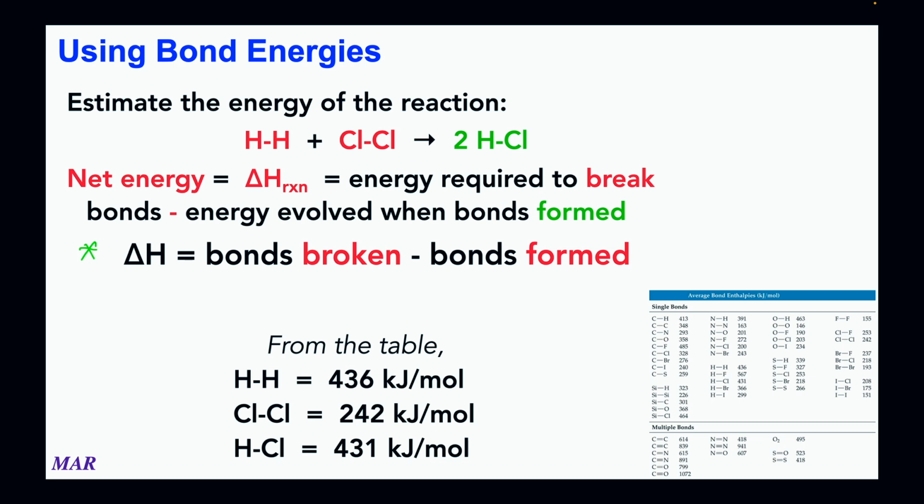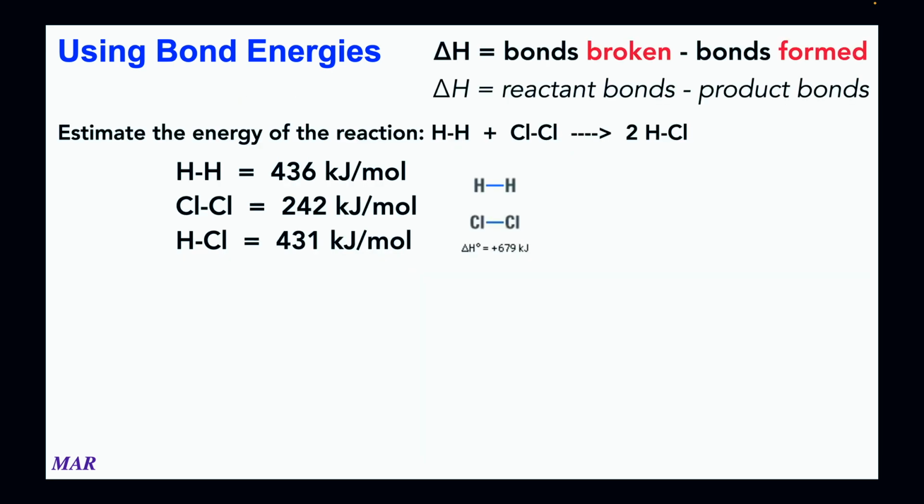And here are the three values of H-H, Cl-Cl, and H-Cl that we'll need here in a little bit. Hydrogen and chlorine react to form hydrogen chloride. Because the total energy of the broken bonds is less than that of the bonds formed, the overall reaction is exothermic. Using a table like the one I just showed, you want to do bonds broken minus bonds formed.